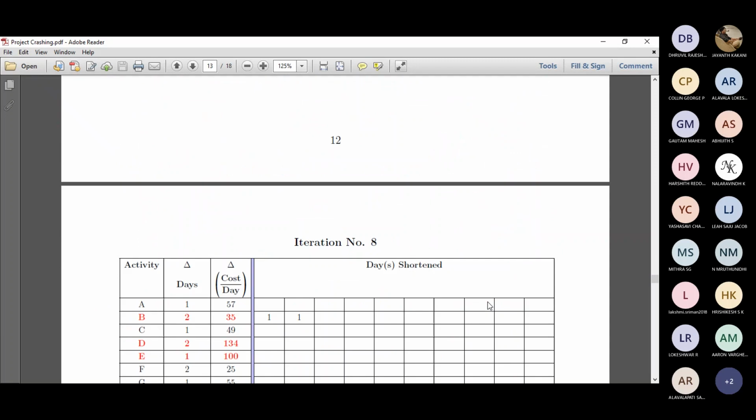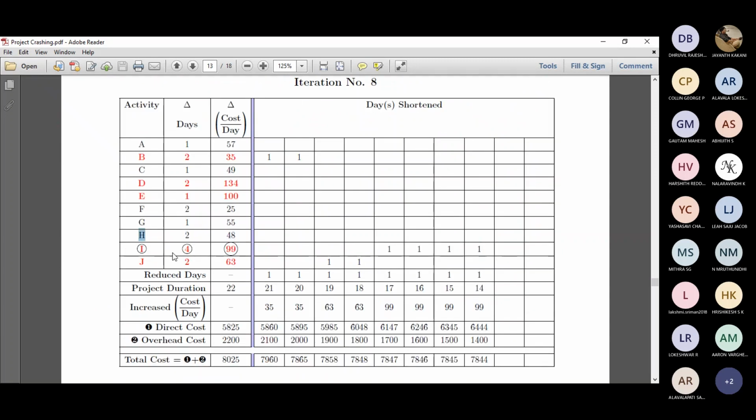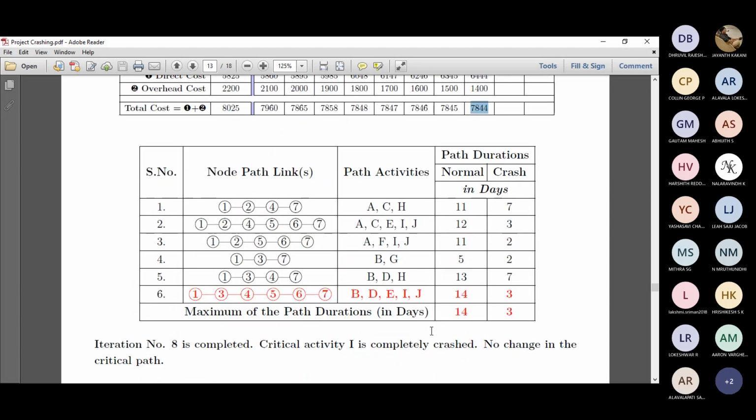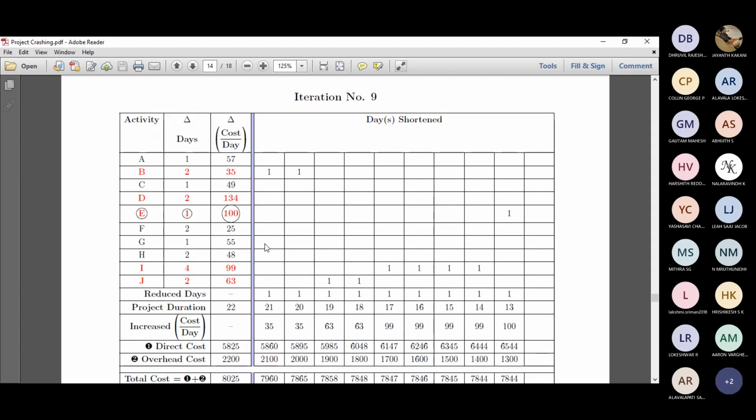Next, we'll reduce the final day in I. This is the fourth day. If you reduce it, it is 14, and 99 is the component, 6444 is the direct cost, 1400, and 7844. Finally, it's still the critical path. So we have exhausted B, and then I and J.